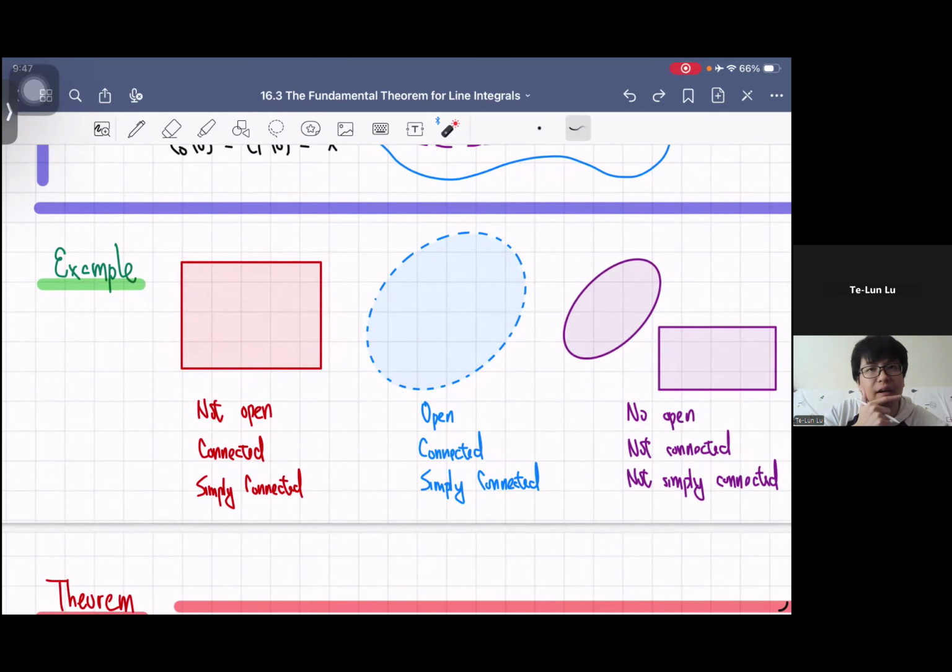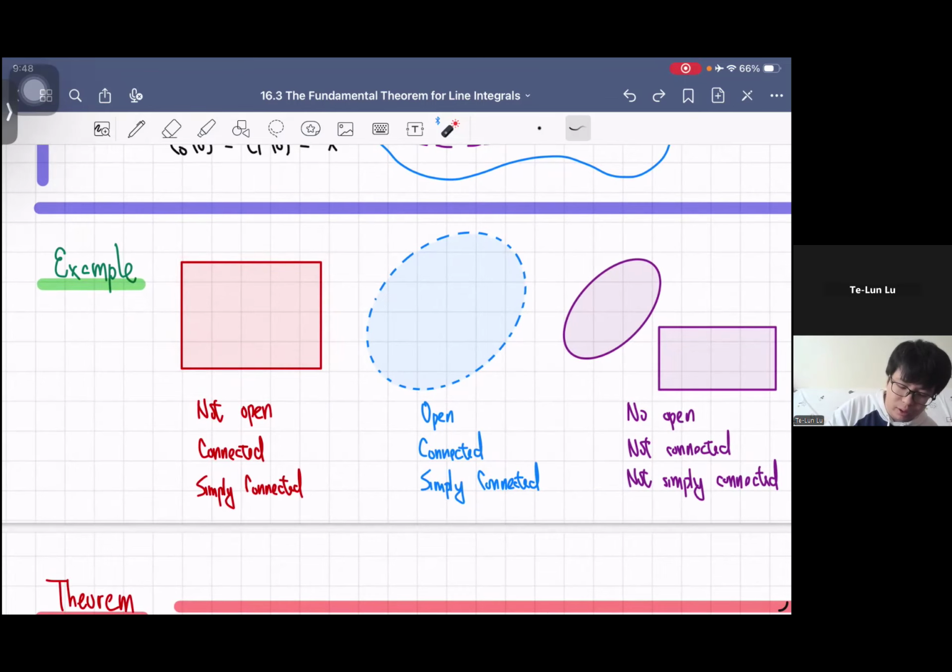I think I have defined closed sets somewhere before, back in the extreme value theorem, in section 14.7 on maximum and minimum. So a closed set basically contains its boundary. An open set does not contain its boundary.